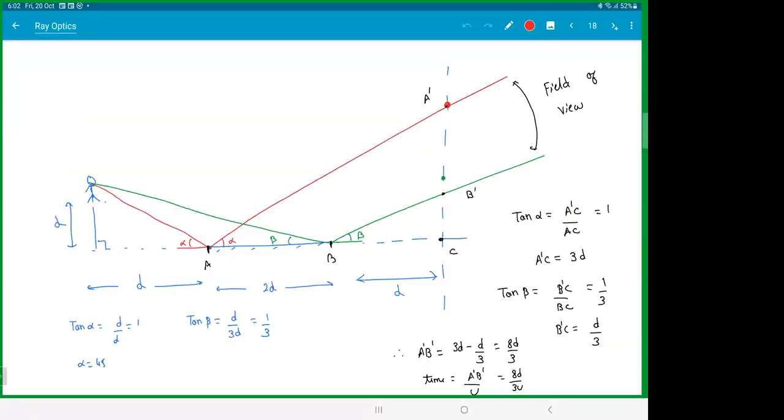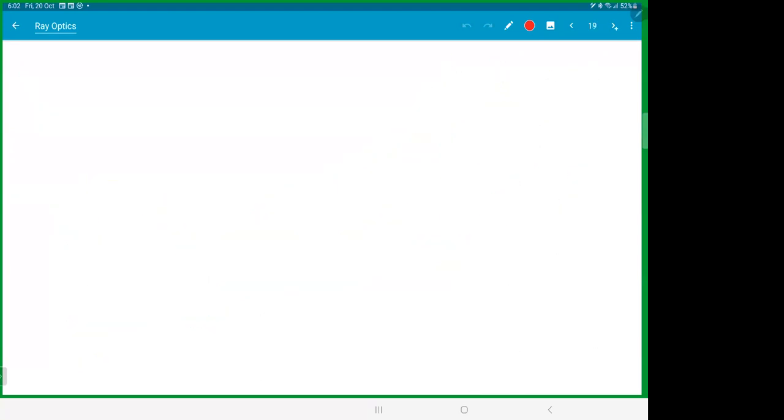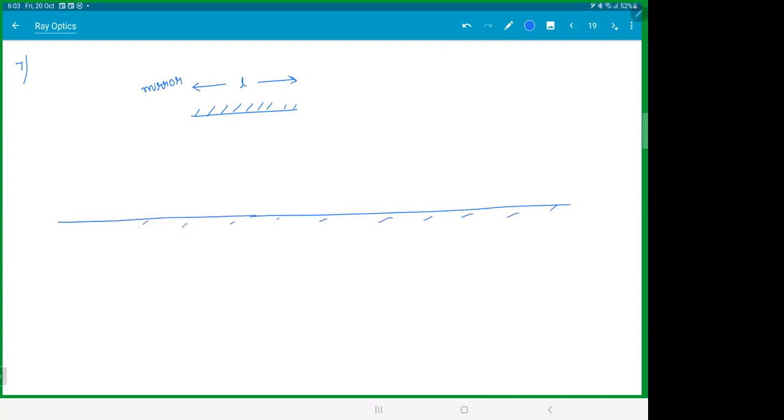Let's start off with a problem. We have a mirror of length L. On the ground somewhere, we have a bulb.